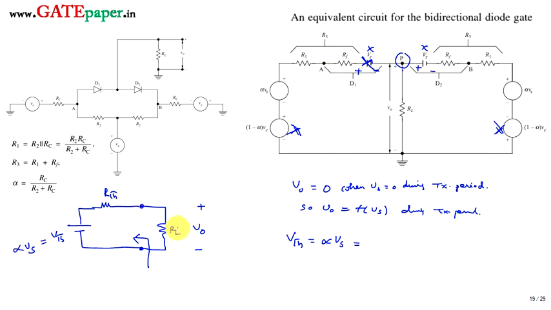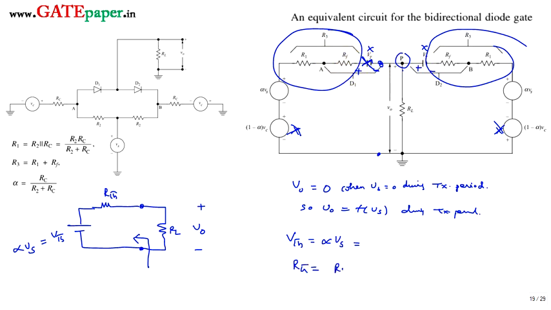Next, RTh. You are going to look at these two nodes. Then these two branches are in parallel. So R3 and R3 are in parallel, so RTh is R3 parallel R3. Since both are the same, the resistance gets halved.